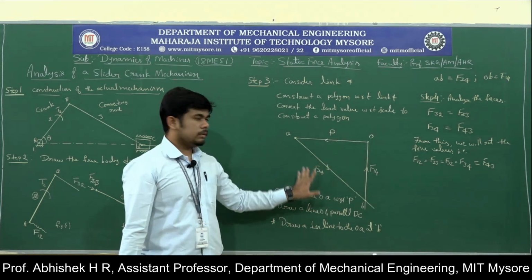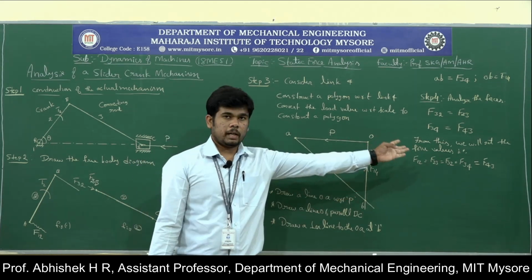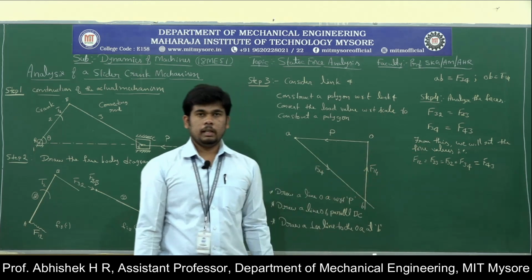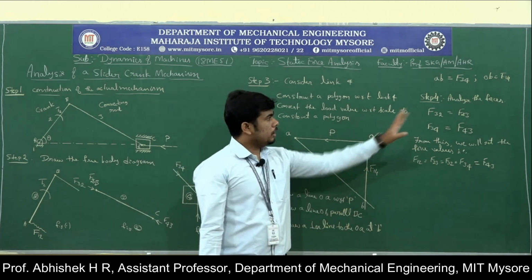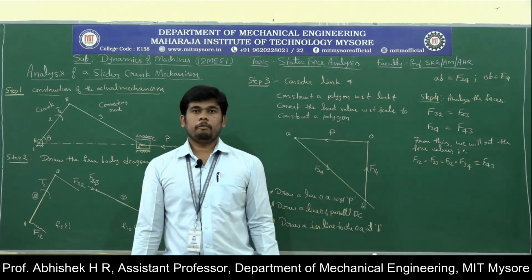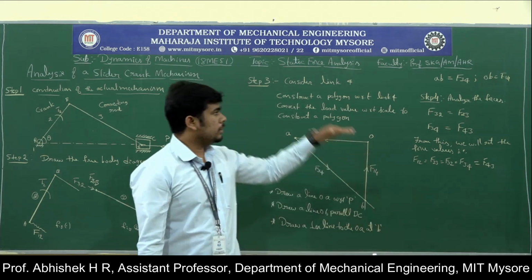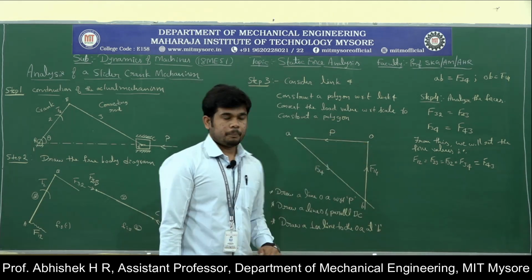So if you measure this F34, you can get the other forces on the link also. Along with that, we'll also get the F14 magnitude also. So this is about the fourth step.